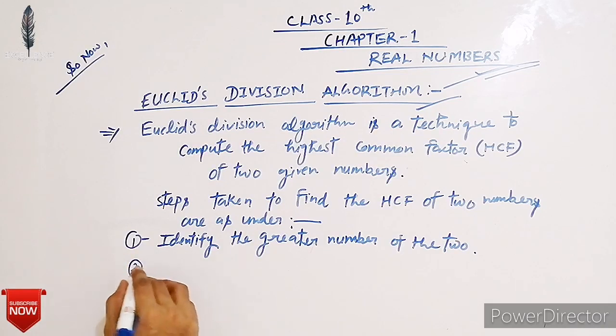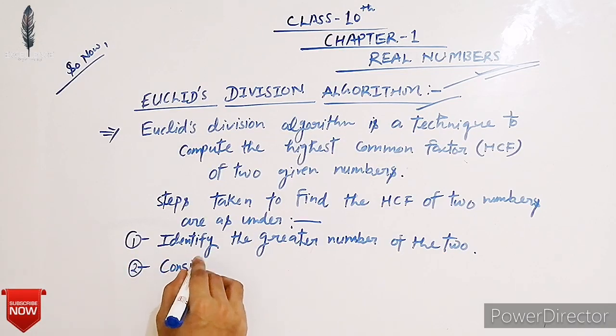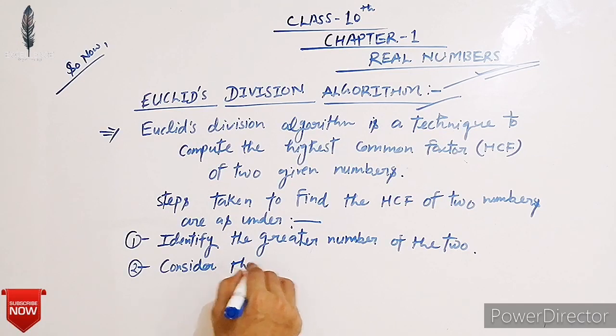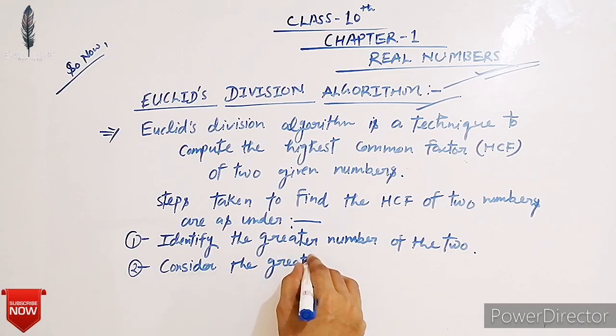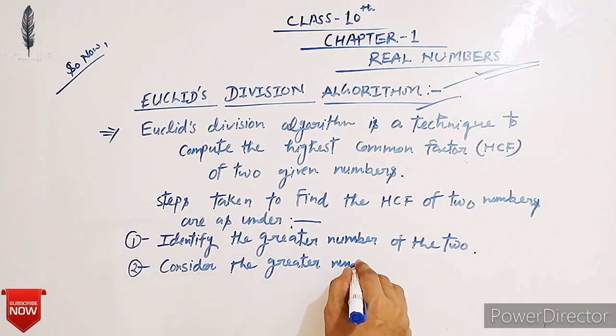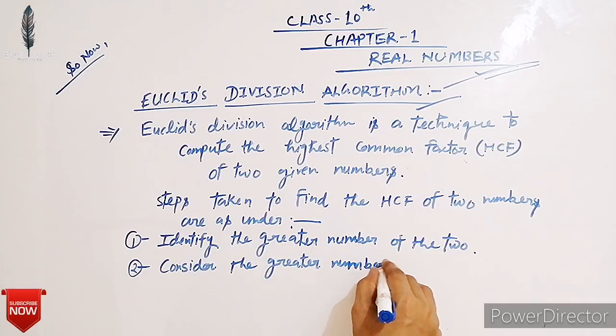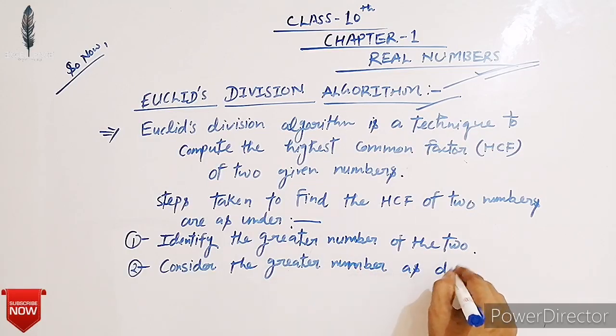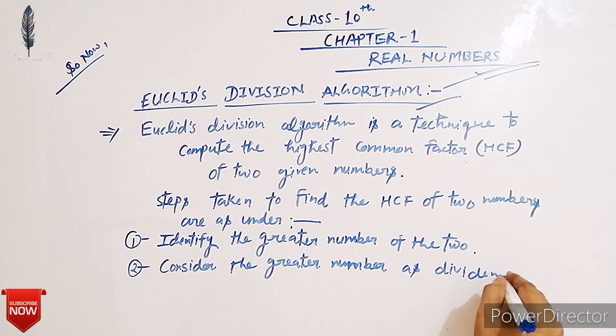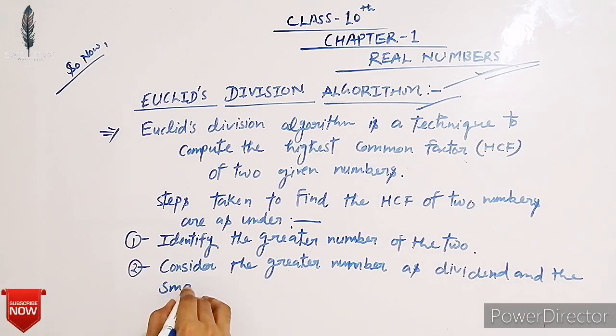Now second, consider the greater number as dividend and the smaller one as divisor.